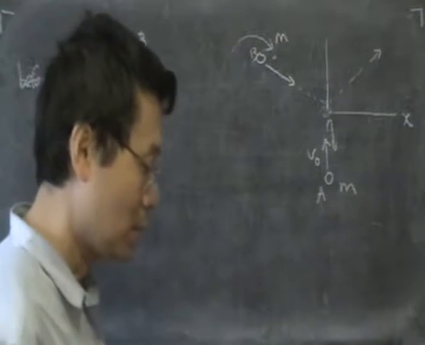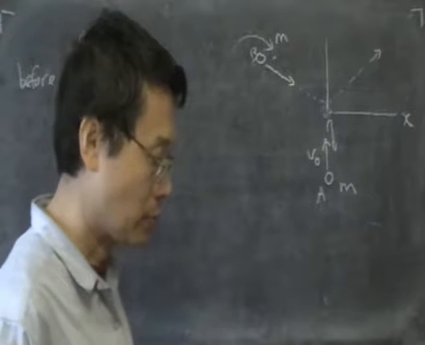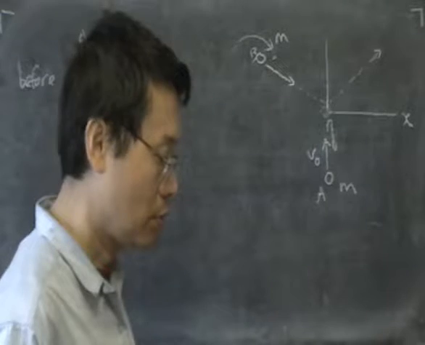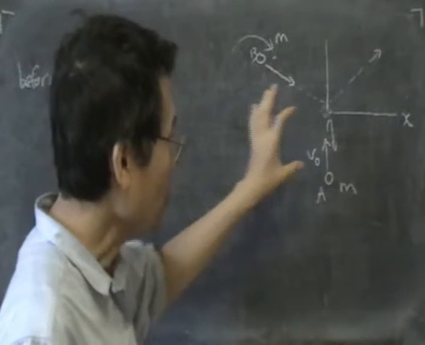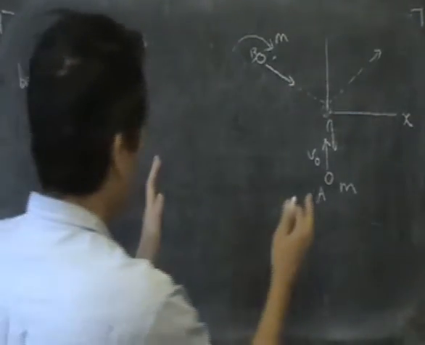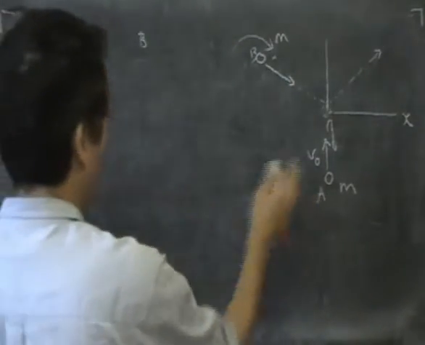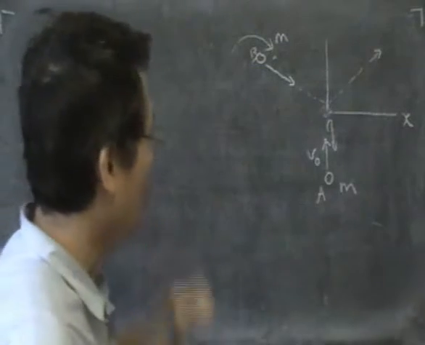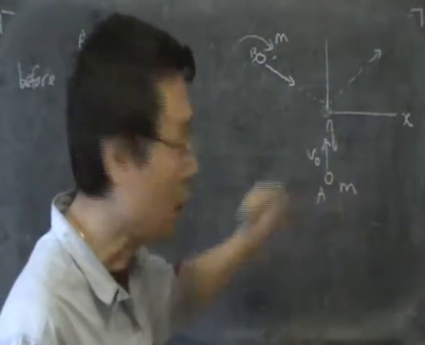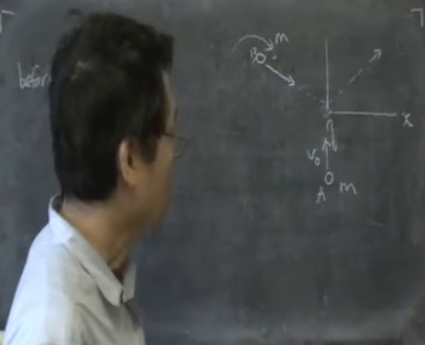Now let's think about this a little bit. What I have here is a frame of reference that I got when I started moving to the left with ball A, so that A would move up and down vertically.